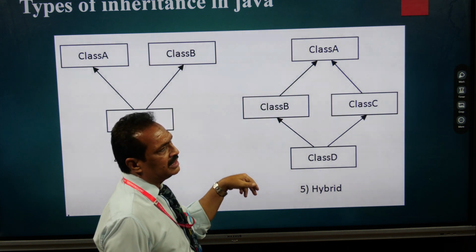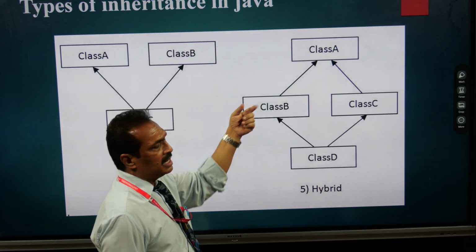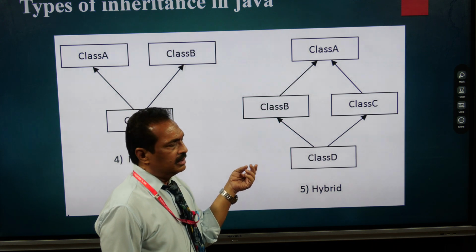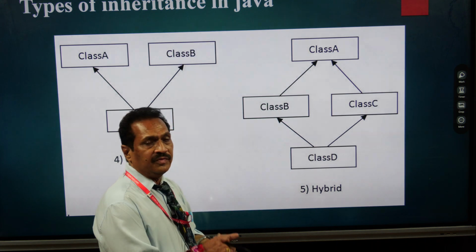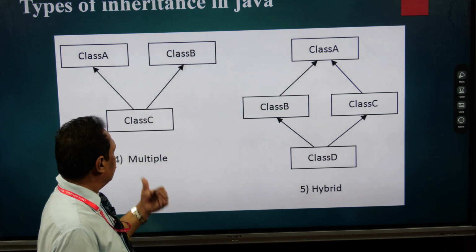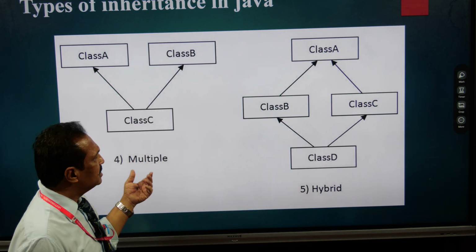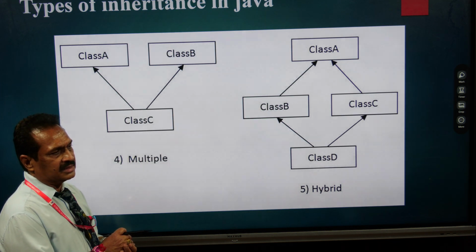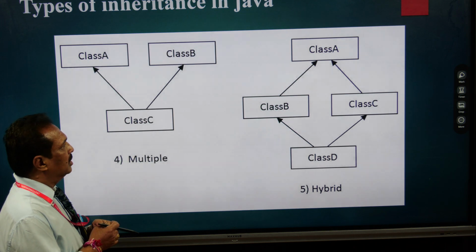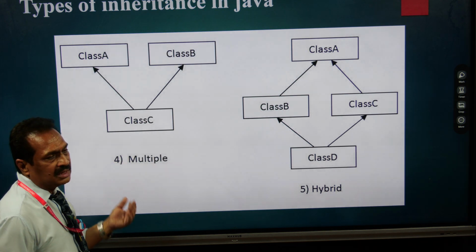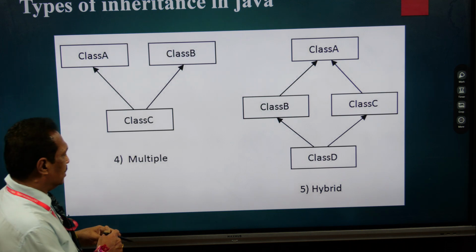So here you can see two features, multi-level features as well as hierarchical features. When they are combined, we call it hybrid inheritance. So coming back to multiple inheritance, here we use a concept called interfaces in order to achieve the goal of multiple inheritance.